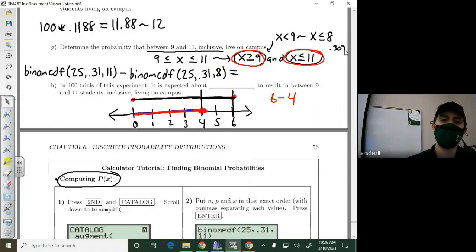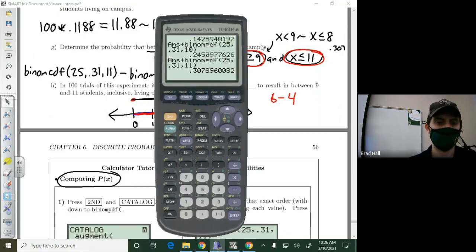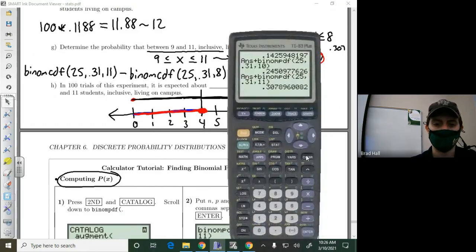Okay, so I believe that should be 8. So let's find out if that's true. So in the calculator, I'll just go ahead and clear all of that out.